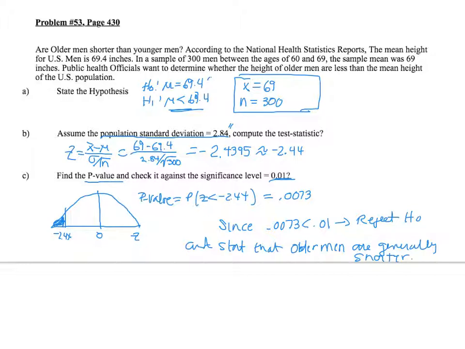In this case, the CI, when we did it on the calculator, we got 68.6 to 69.42, and you'll notice that 69.4 is the upper end of this confidence interval. But remember, we're dealing with a one-tailed test, so in a two-tailed test it would still be in the confidence interval, but it wouldn't be given the fact that it's a one-tailed test.